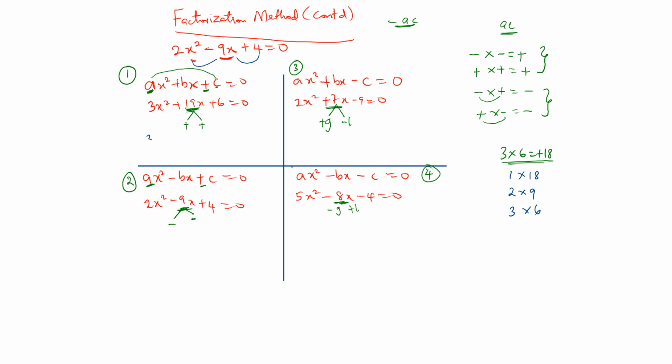That is 3x squared plus 1x plus 18x plus 6 equals 0. Now you can group them into 2 and let the student factorize. That's just one of the ways.